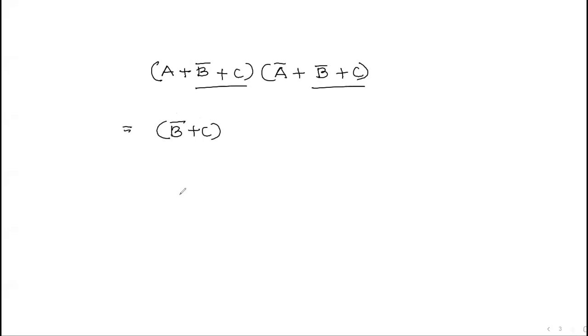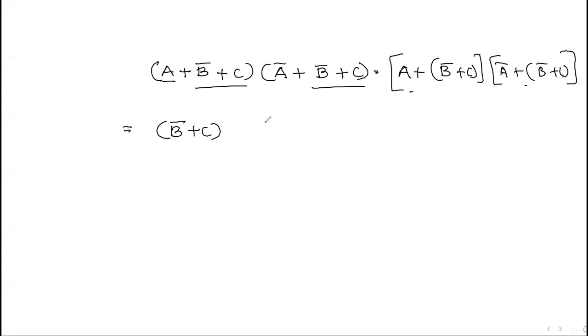Okay. Fine. So we can take A into B bar plus C. So what I'm doing, I'm actually dividing this into a group A plus a group of B bar plus C. Then you have A bar plus a group of B bar plus C. Now you can multiply this two. So it will be B bar plus C into A plus B bar plus C into B bar plus C. Okay.